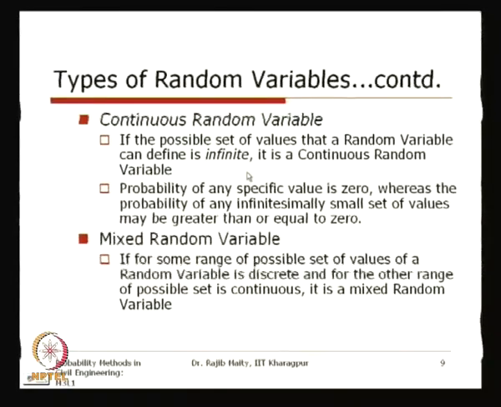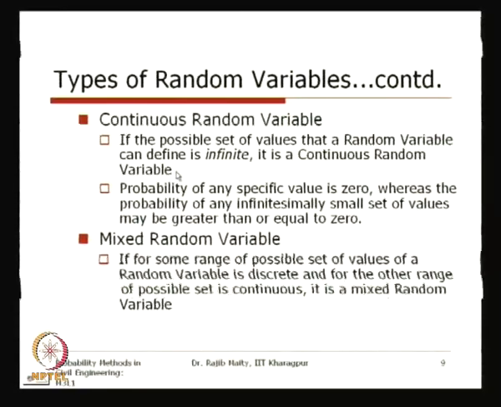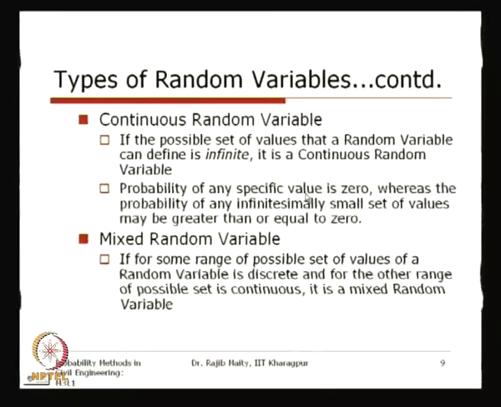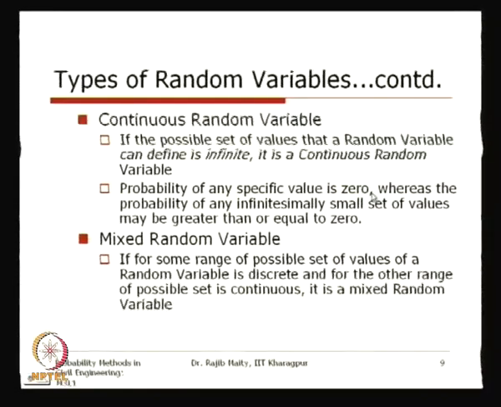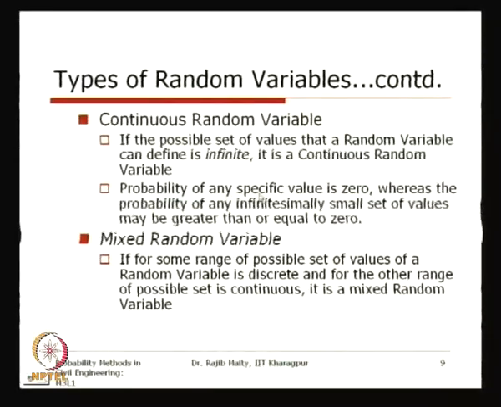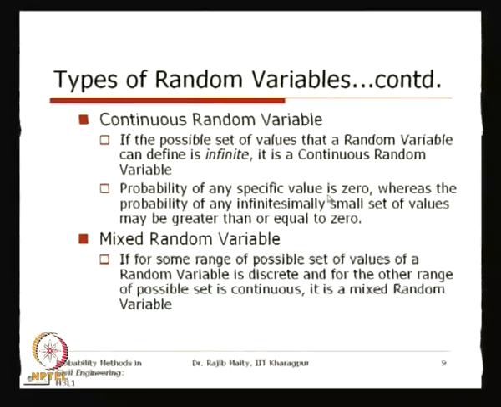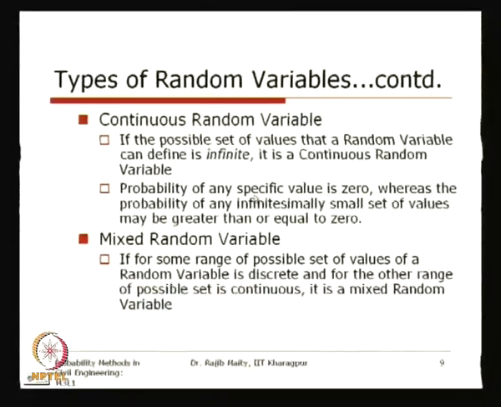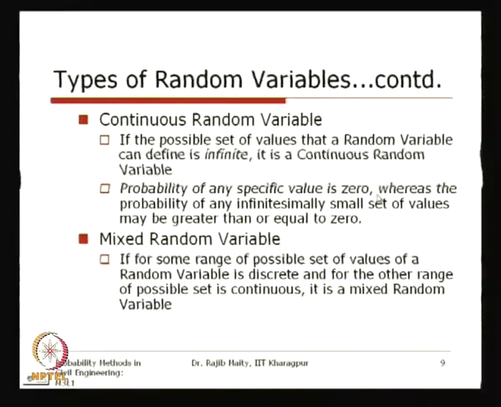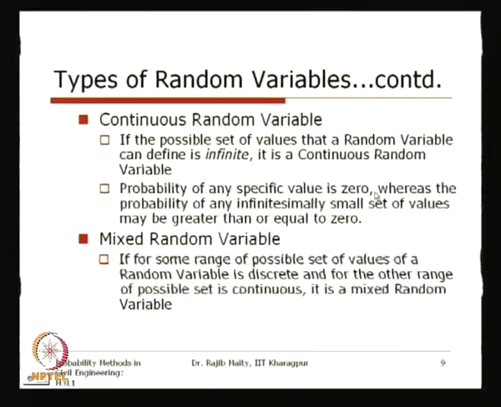So if the random variable is defined over a zone, over a range, then it is known as a continuous random variable. The probability of any specific value is 0. This comes from the density point of view. If I take any specific value, its probability is 0. This again comes from the axioms of probability.